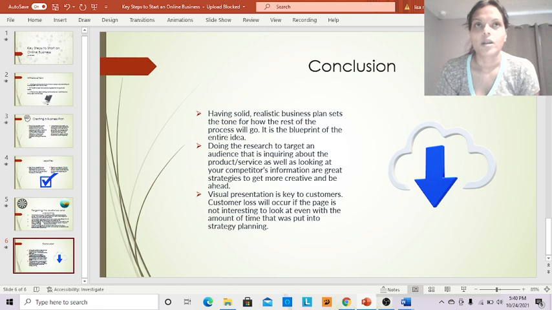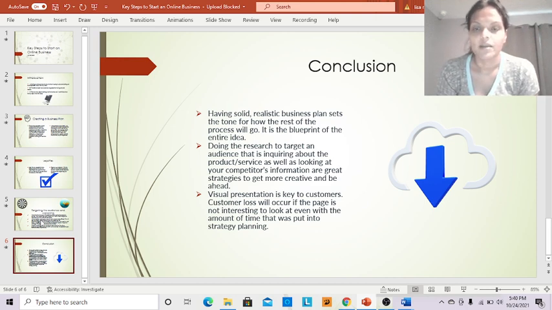Doing research on the target audience is also important, because you want to know what is happening out there with other competitors. You also want to be able to draw in customers that have the need for it. And of course, visual presentation.